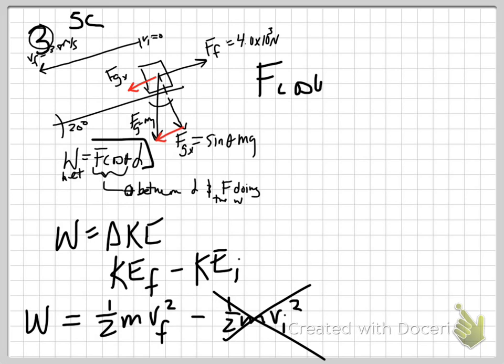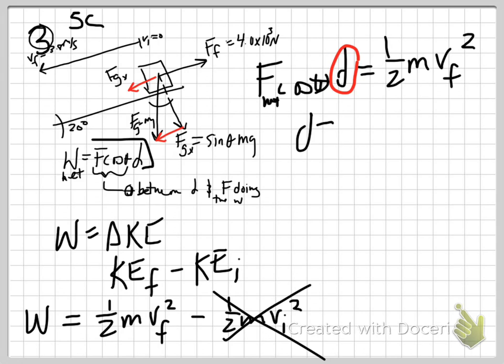Force times the cosine, and this would be the net force, cosine of the angle between the net force and the motion, times distance is equal to 1/2 the mass times the final velocity squared. We're solving, of course, for distance.